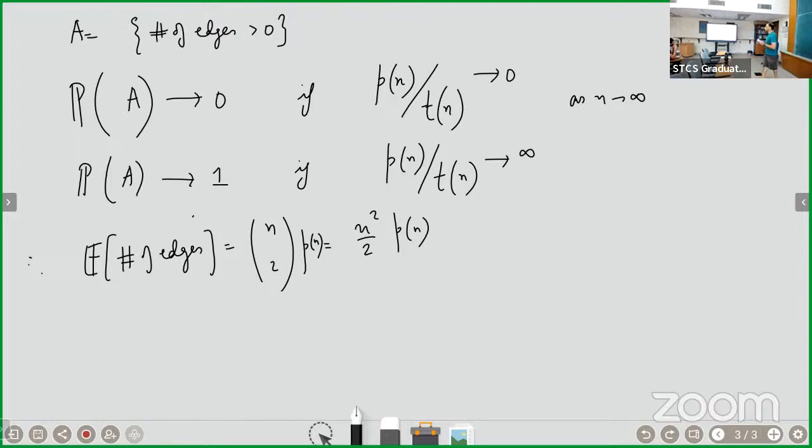We want both directions. One direction you can prove directly: if P of n is some order, one of the two events should be able to show, taking P of n equal to 1 by n square by 2.